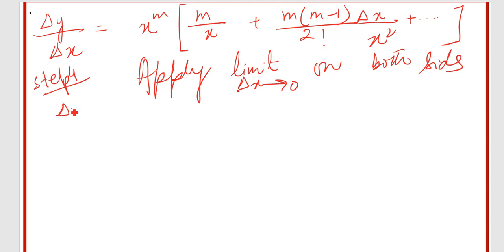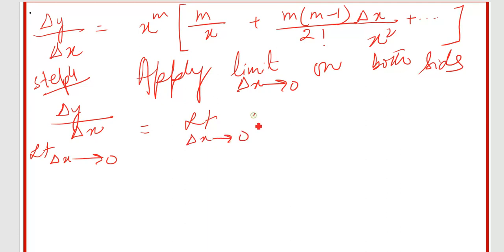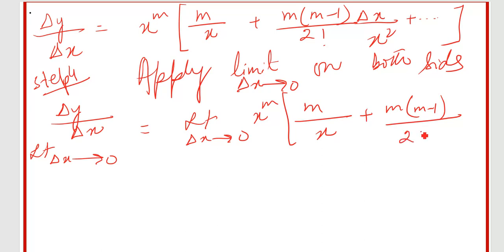So here limit delta x tends to 0 of delta y over delta x is equal to limit delta x tends to 0 of x raised to power m times m over x plus m into m minus 1 divided by 2 factorial delta x over x square plus so on, right?